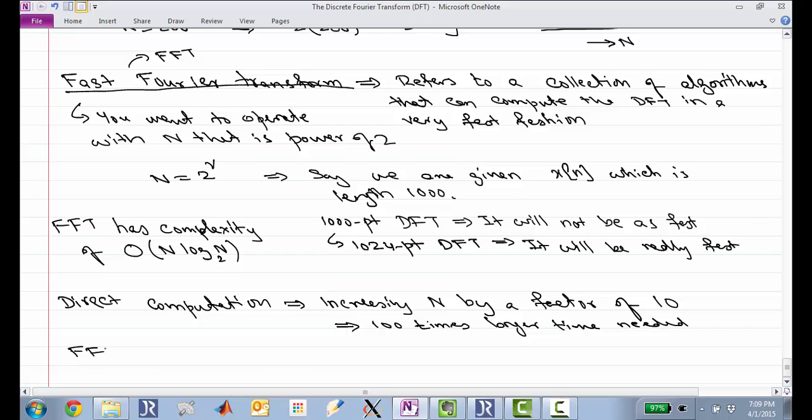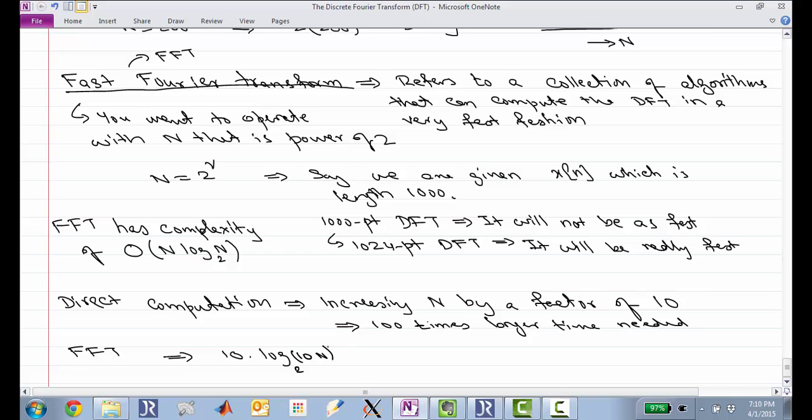Whereas for FFT, if we increase n by a factor of 10, the amount of time we'll have to wait will be 10 times log of 10n to the base 2. Right? And this log factor, as you know, log is much, much slower than a linear function. So this growth is much slower, right?